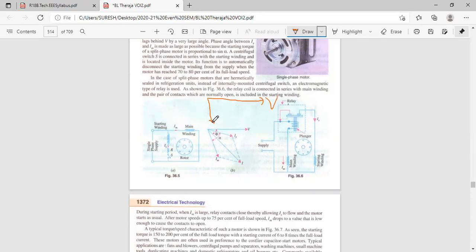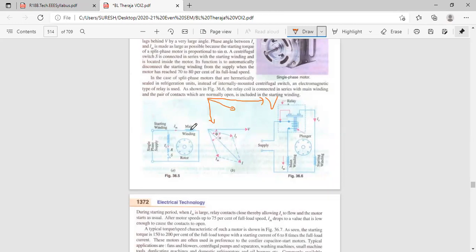Have you drawn IM? IM is lagging the voltage by some angle. Next draw IS. Have you drawn IS? Is it okay? IM and IS. Any doubt in IM and IS? Why you had drawn like this?